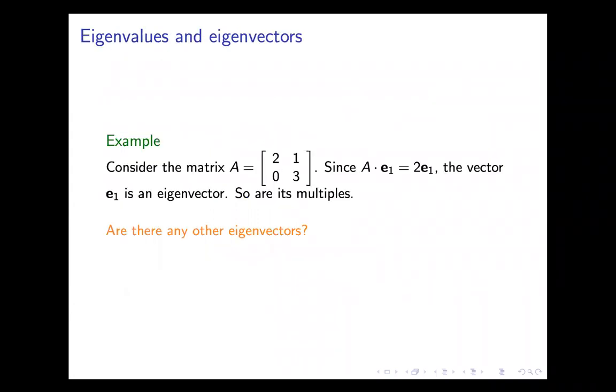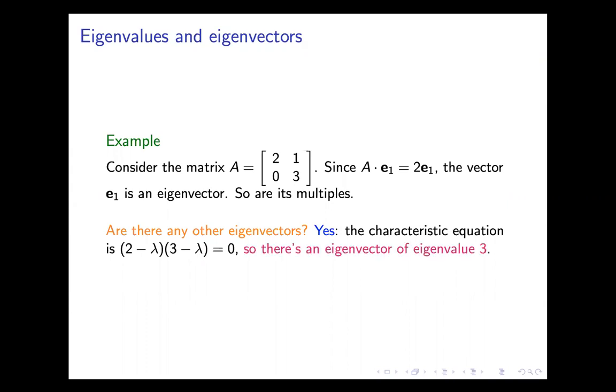Now let's get back to the matrix from the third example on the previous slide. We have concluded that the vector E1 from the standard basis is an eigenvector, as well as its scalar multiples. How about other eigenvectors? There should be, right? Because the characteristic equation has two solutions.